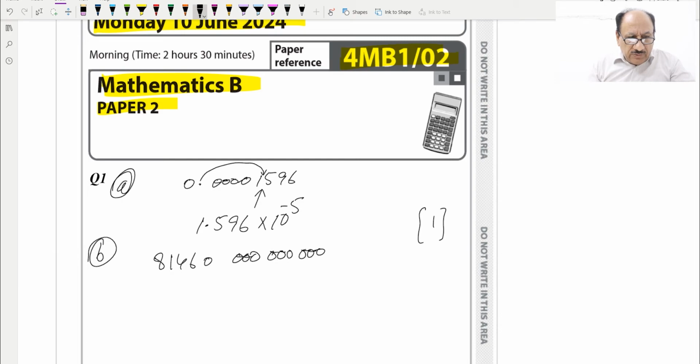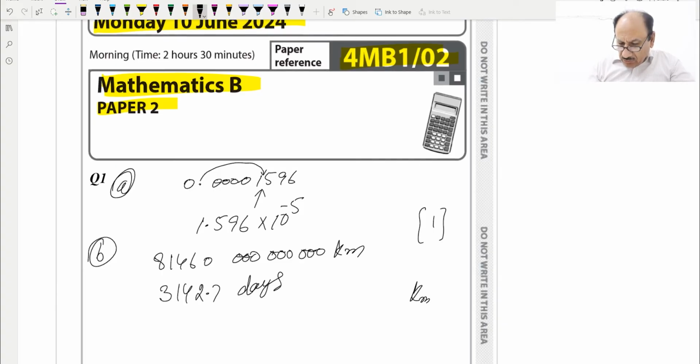Light from Sirius takes approximately 3142.7 days to reach earth. So calculate the speed in kilometer per second.